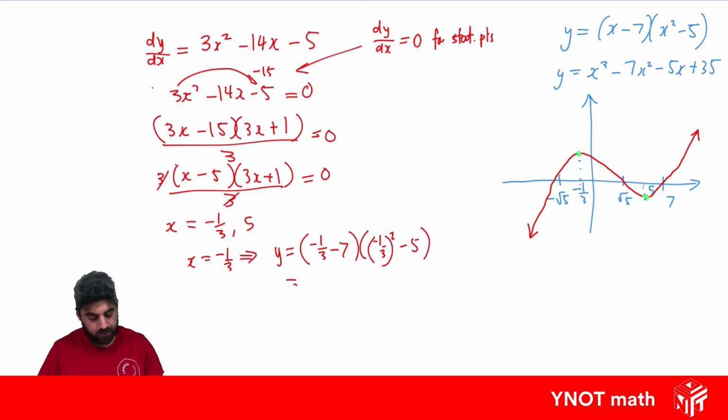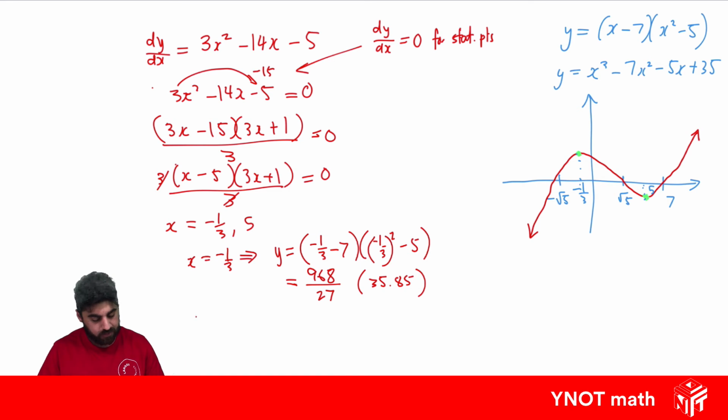So we get y equals minus a third minus 7 outside of minus a third squared minus 5. And all that in the calculator is going to give us 968 over 27, which is about 35.85 to 2 decimal places, just so we know where it lies on the graph.